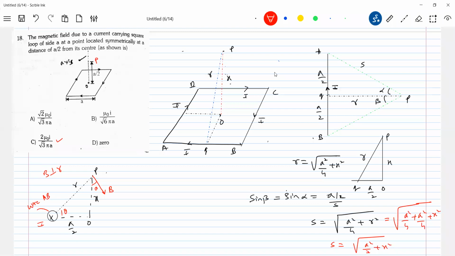That's why I just made that X. So now you got the value of S. Substitute here, get sine alpha, sine beta. Then again in the formula, B equal to mu naught I by 4 pi R.